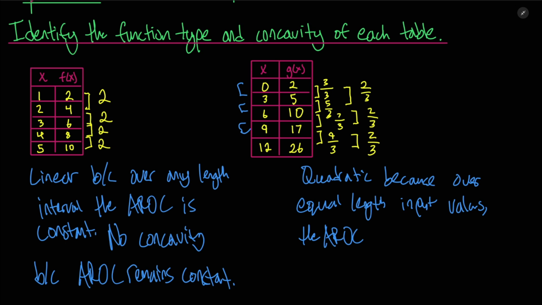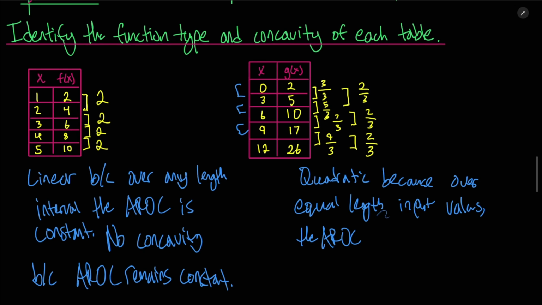So that's how you identify a quadratic. So this table of values depicts a quadratic function because over equal length input values, the average rate of change is linear, right? And what's the concavity?